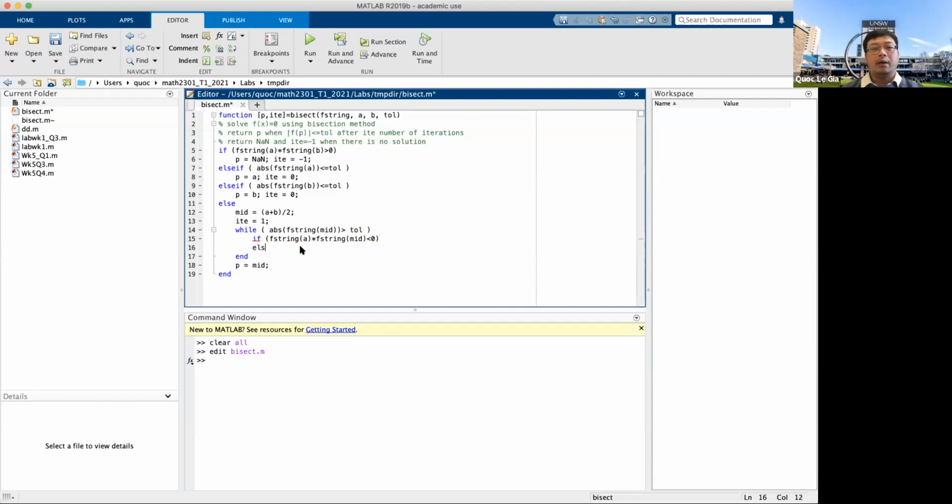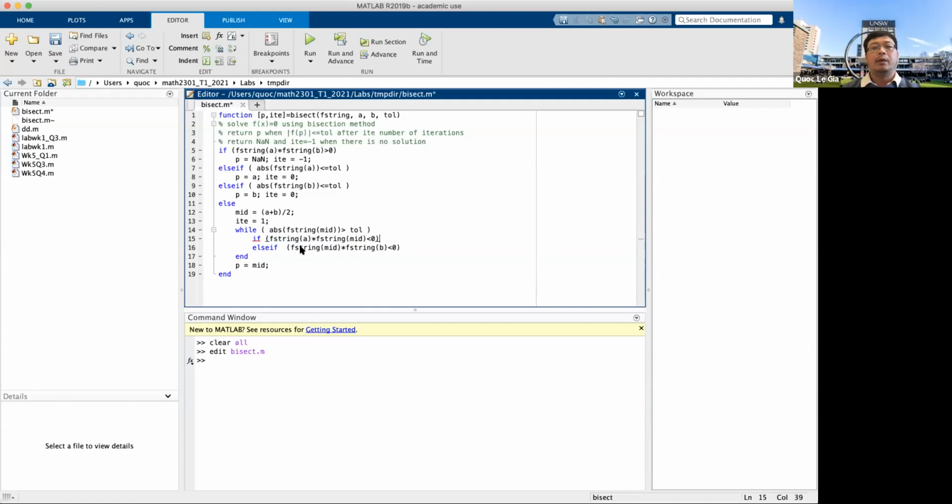And otherwise you have to check the right interval, the other half. So you have to check the left and the right subintervals.